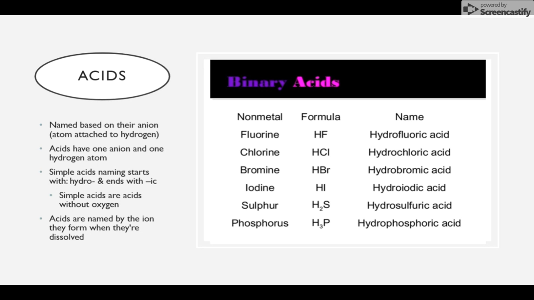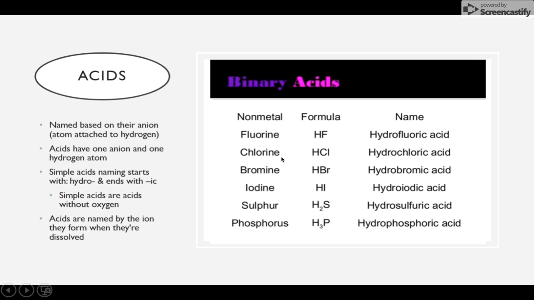So when you're naming a simple acid compound, the name is going to start with hydro, and it's going to end with the suffix ic. They're named by the ion that they're going to form when they dissolve. So over here are some examples of simple acid compounds. You have your nonmetal fluorine, which is paired with hydrogen, and you get hydrofluoric acid, your hydro prefix and your ic suffix.